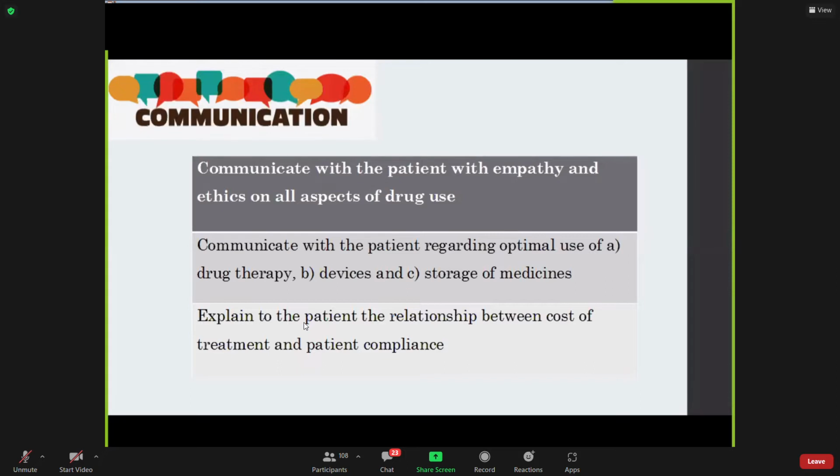The patient should be explained the optimal use as to how to use the drugs prescribed or devices which are prescribed and how to store the medicines, and cost effectiveness, which is one of the major factors in drug therapy, because for all drugs there are alternatives available, even in a single drug group, and to ensure the patient compliance, because compliance, if not ensured, can lead to other consequences.